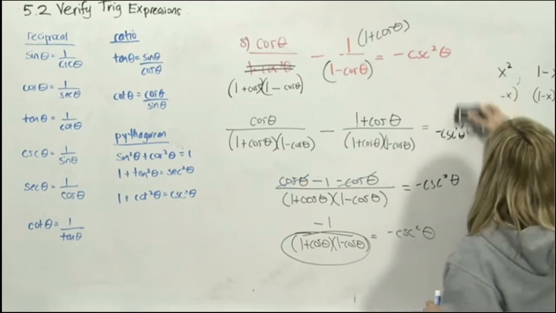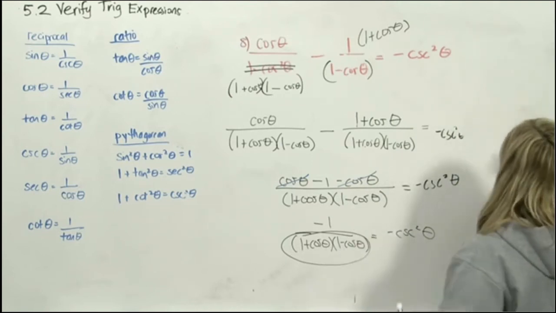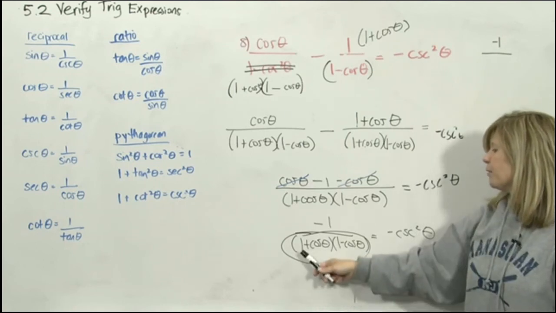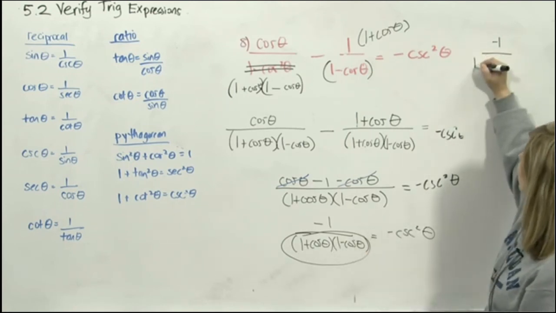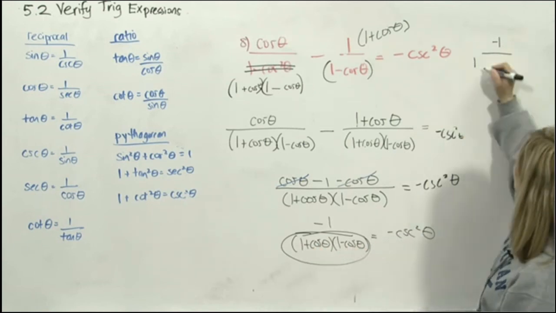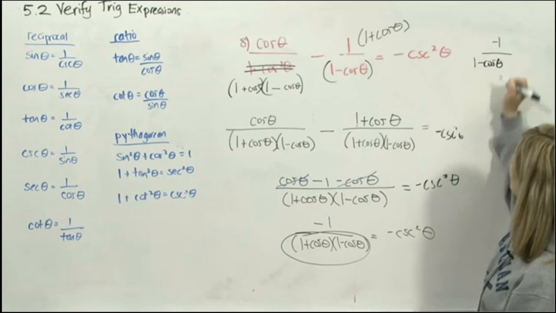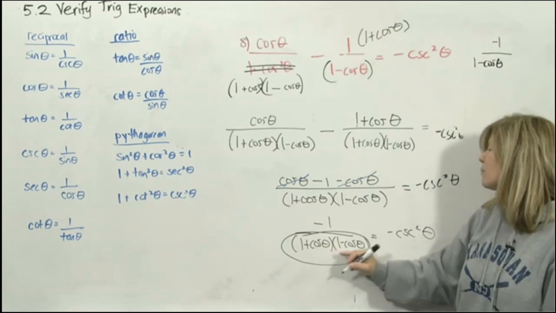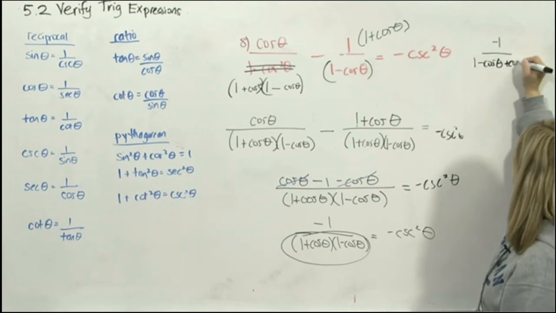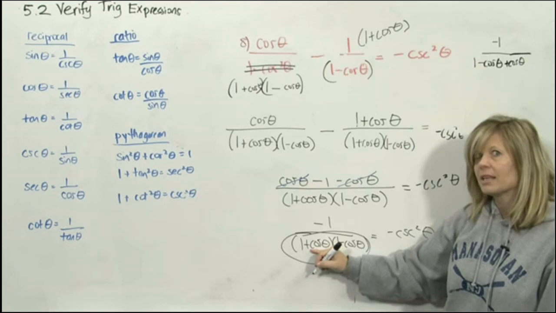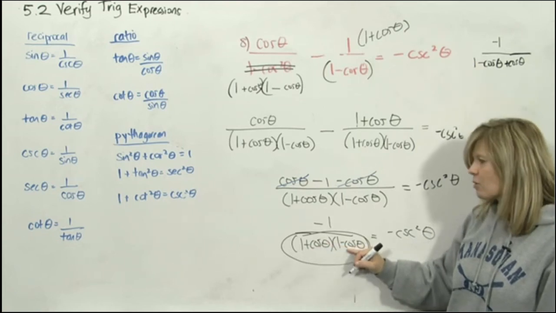Okay, so I'm going to go over here. We have a negative 1 in the numerator. We're going to do FOIL. First, 1 times 1 is 1. Outers, 1 times negative cosine theta is negative cosine theta. Inners, positive cosine theta times 1, positive cosine theta. Last, positive cosine theta times negative cosine theta.